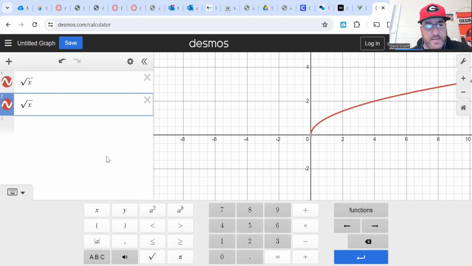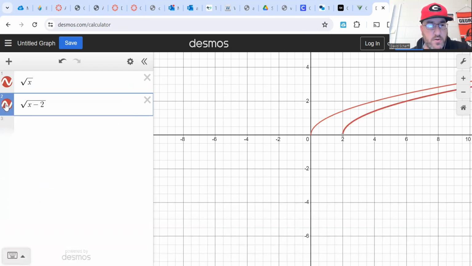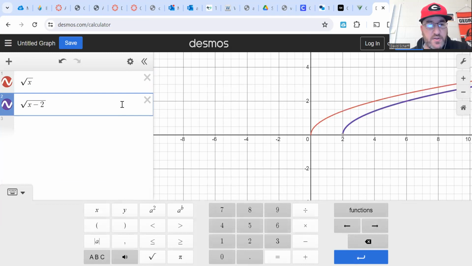So if we started with x, if we added our -2, there's our shift 2 units to the right, and it's red again. Let's change that. -2, 2 units right.